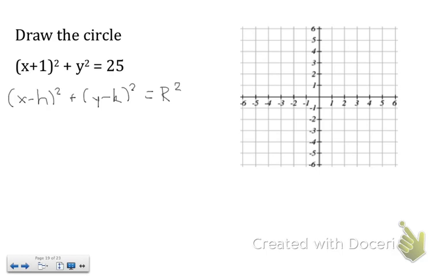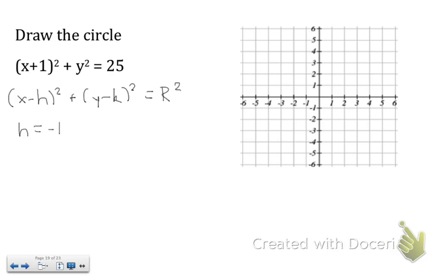So when we look at that quantity x minus h squared, in this particular problem it's x plus 1. So since the sign changed from a negative to a positive, that means that we were subtracting a negative. So our h right there is actually -1.